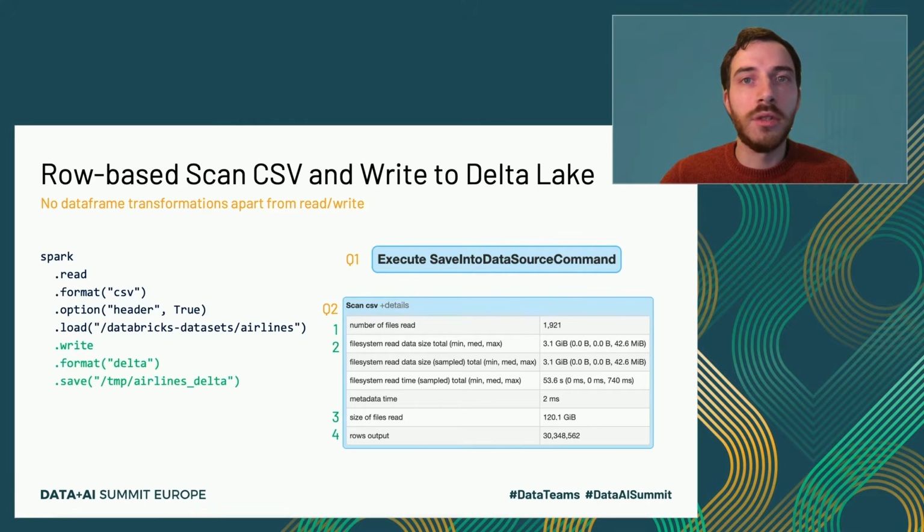Starting with number 1, the number of files read, that's a very important metric to take into account. This denotes how many files were read, as it says. It's pretty simple. But if you combine this with the other metrics, such as 2, file system read, so the actual data that was processed going through this operator, and 3, the total size of the files that might still be processed.